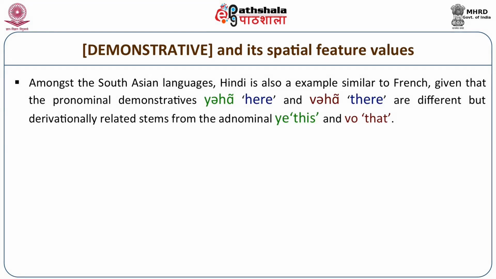The pronominal demonstratives are yaha and waha, but they are visibly derivationally unrelated stems from the adnominal ye, wo. Only ye and wo can take an oblique form, yaha and waha cannot.